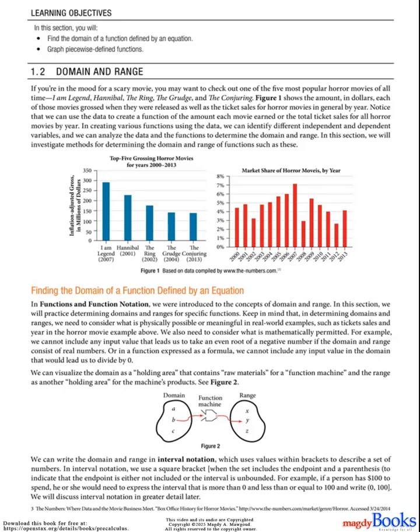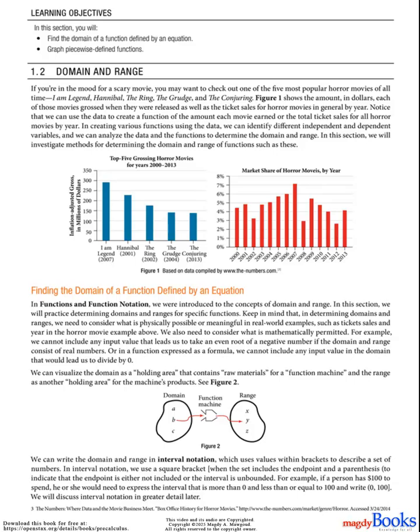Figure 1. Top 5 grossing horror movies for years 2000 to 2013. Inflation-adjusted gross, in millions of dollars. I Am Legend, 2007. Hannibal, 2001. The Ring, 2002. The Grudge, 2004. The Conjuring, 2013. Market share of horror movies by year.